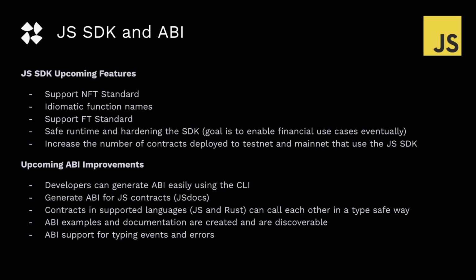So you can look at the ABI and understand what kind of information you can subscribe to from the smart contract. And I think it's really going to help with making smart contracts be able to build and use each other in the ecosystem. So making this information available is definitely a move to make this ABI much more robust in the future. So there's a lot of work, as you can see, and we're really excited to build the JavaScript SDK.